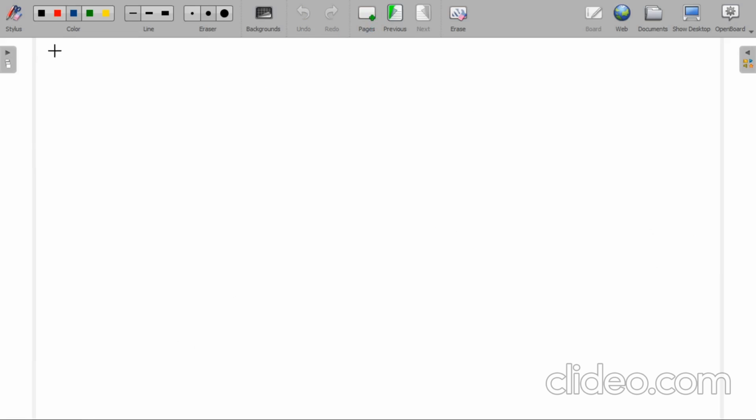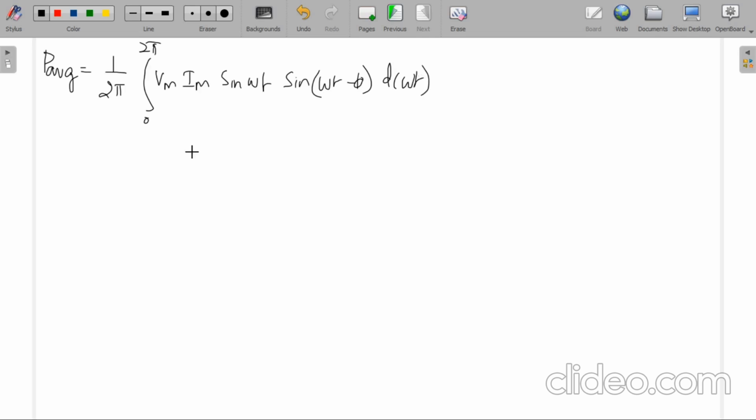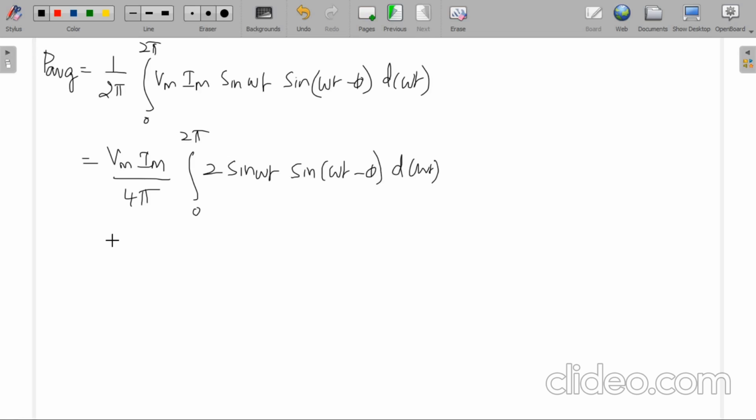That equals Vm Im by 4 pi, integration from 0 to 2 pi of 2 sin omega t sin of omega t minus phi d of omega t.